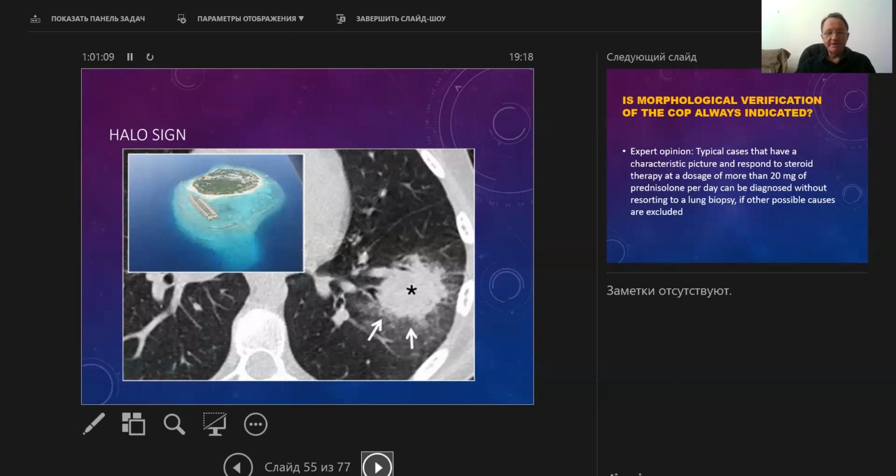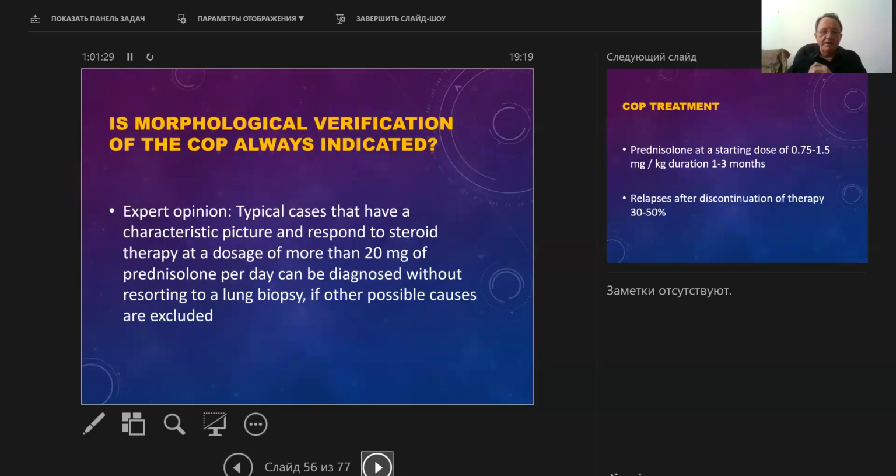But sometimes in patients with COP, you can find the halo sign: consolidation with ground glass opacity surrounding this focus of consolidation. What about morphological verification?